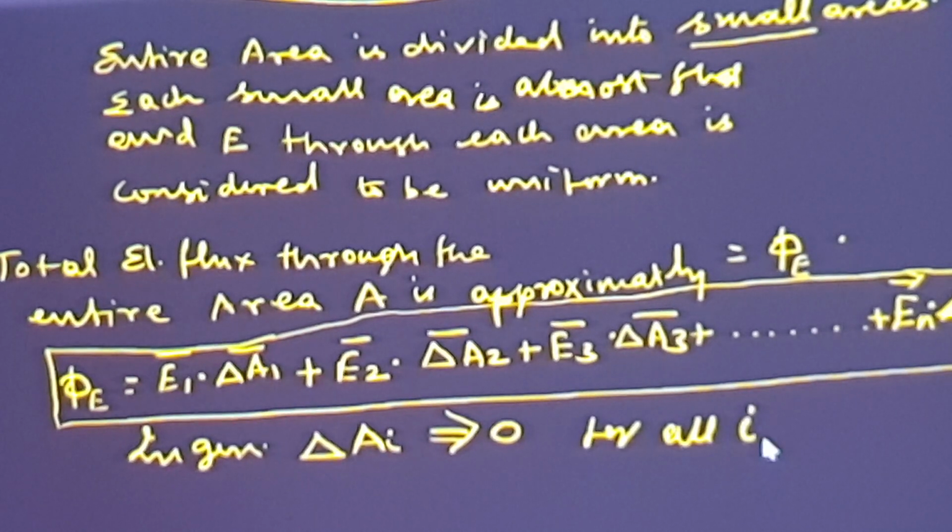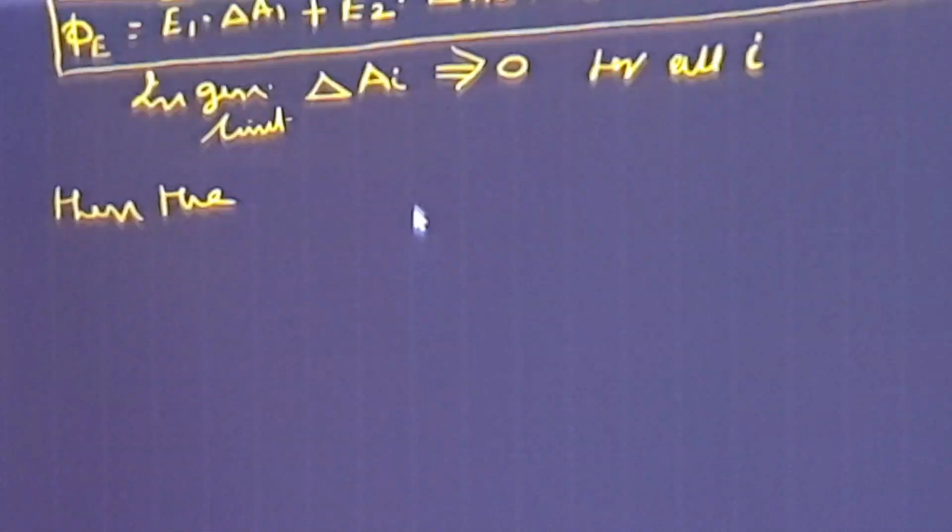So for all values of i, if the area considered is very, very small, I am going to apply a limit. What is that limit? If delta A i tends to 0, then how can I write the total flux?